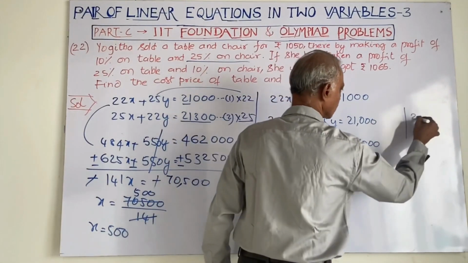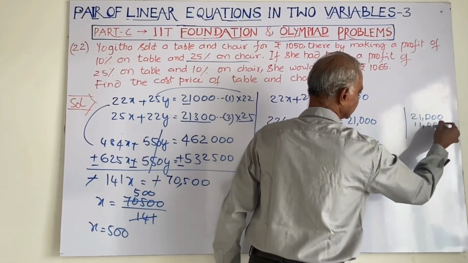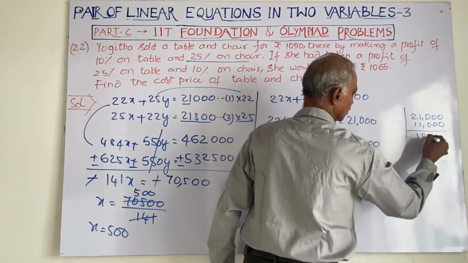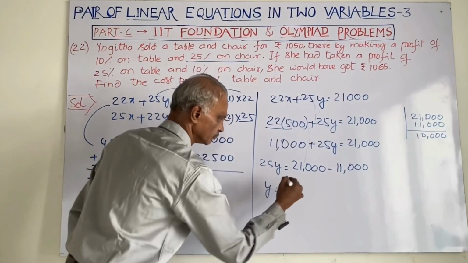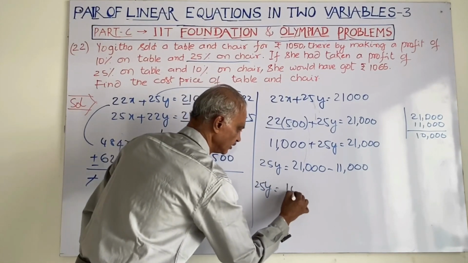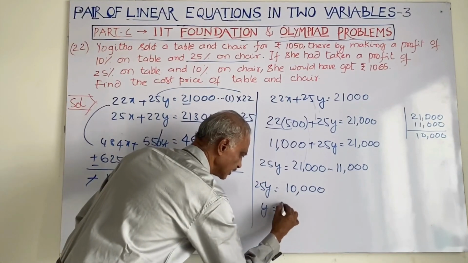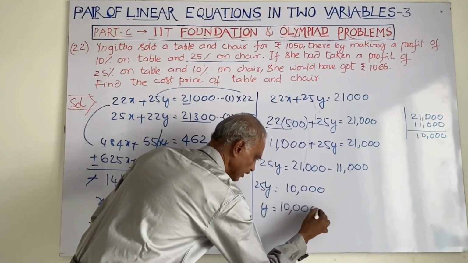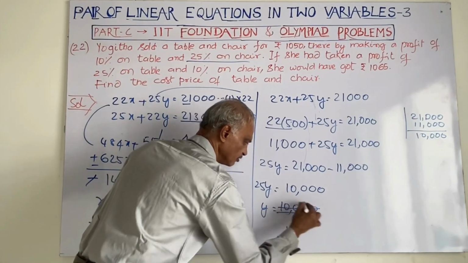Now 25y is equal to 21,000 minus 11,000. You will have 10,000. 25y is equal to 10,000. y is equal to 10,000 by 25. 25 ones are 25, 25 fours are 100.